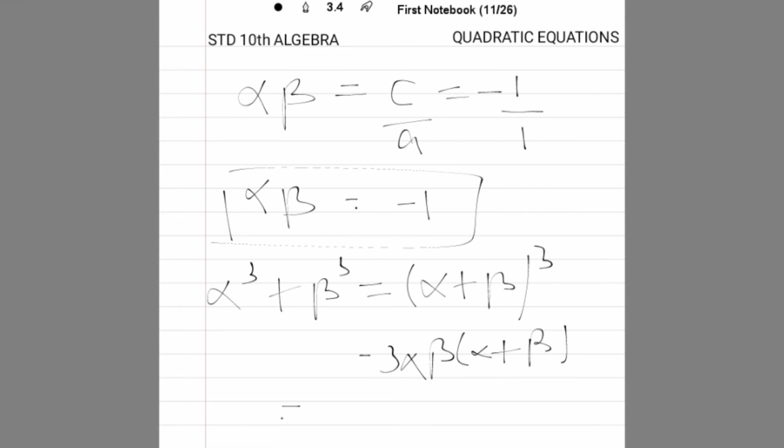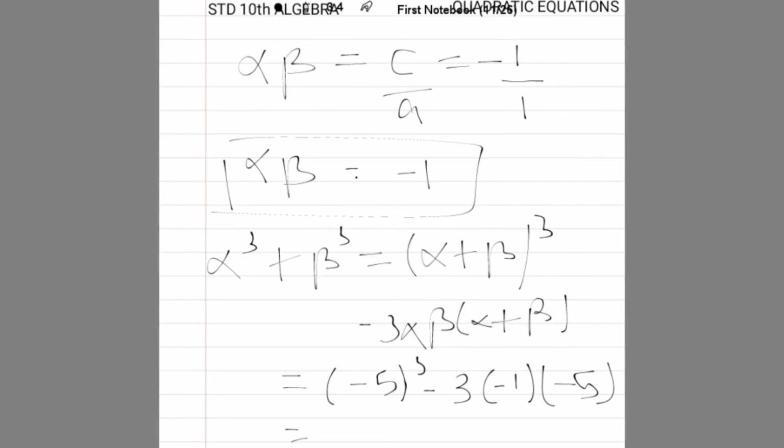We will get (-5) whole cube minus 3 into alpha into beta, whose value is -1, into again alpha plus beta, so it will be -5, right? So (-5) whole cube will be -125. 5 cube is 125 and -5 cube will be -125, right?